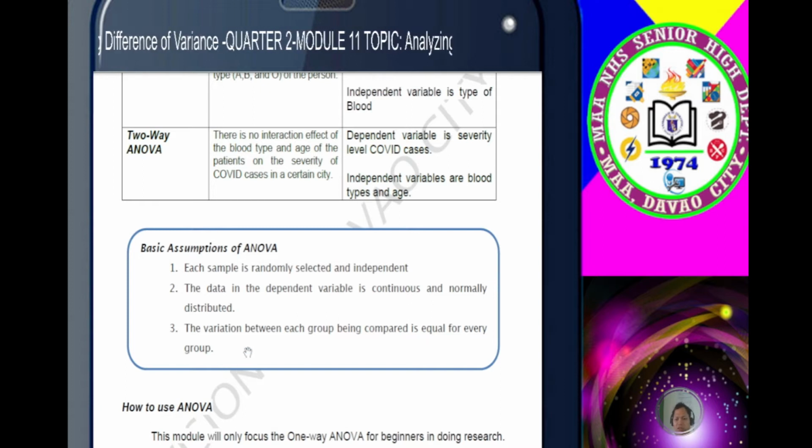You can test this using the Levene's test, to test the equality of variance, using the JASP software. So these are the assumptions needed in order for you to use ANOVA.